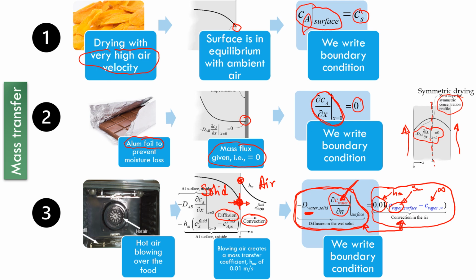And that comes from the isotherms, from the water activity relations. But we need that relation to really use this equation. Otherwise, this equation has two different variables on the two sides. That is different from heat transfer.